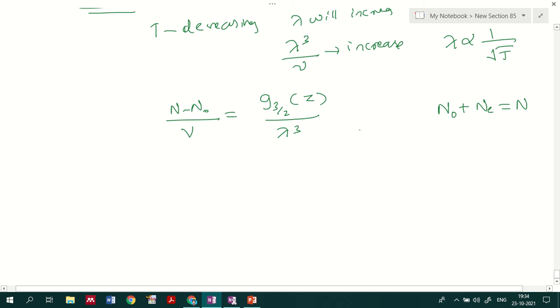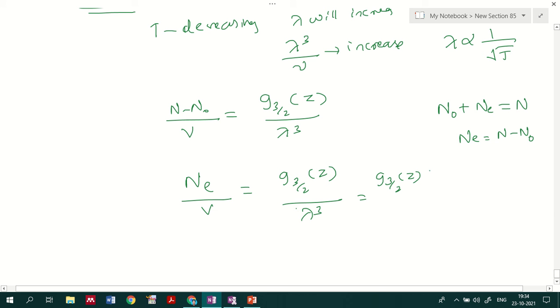So N minus N0 represents the particles at different energy states, which I can say is Ne divided by V equal to g3 by 2 of z divided by lambda cube, and lambda cube is 2 pi mkT raised to 3 by 2 divided by h cube.